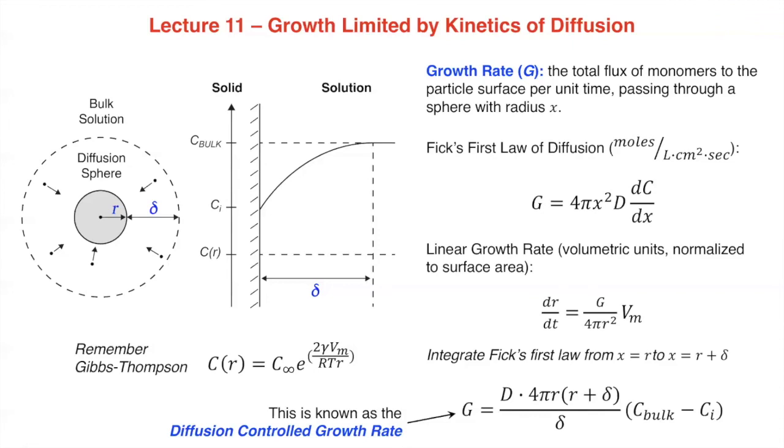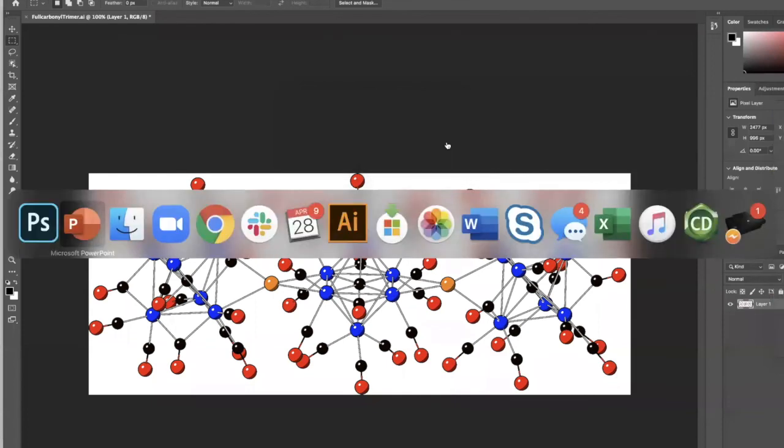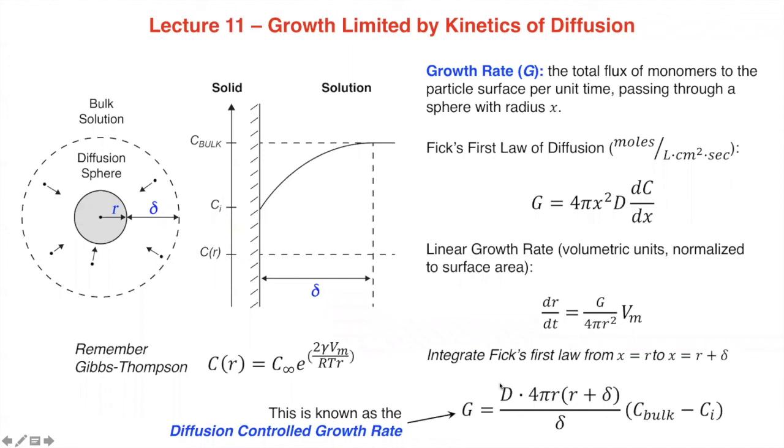units. So you can integrate Fick's first law from the edge of the crystal to the edge of the diffusion sphere to get a growth rate expressed in this way, and this growth rate is basically taking the concentration in the bulk minus the concentration at the surface.